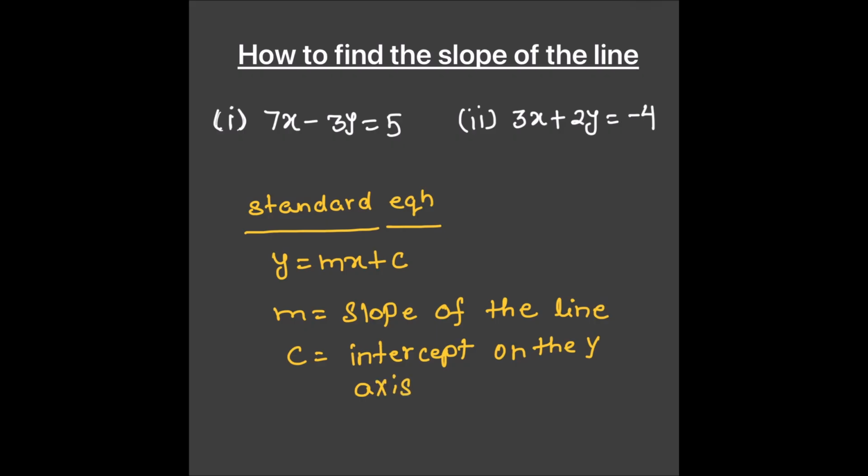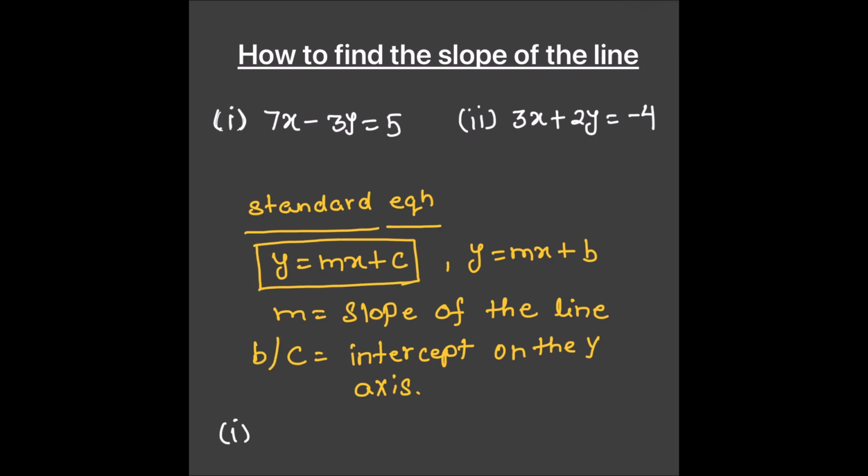That means it is the point where the line touches the y-axis. It is also written as y is equal to mx plus b. So you can use any of the variables c or b for showing the intercept of the line.